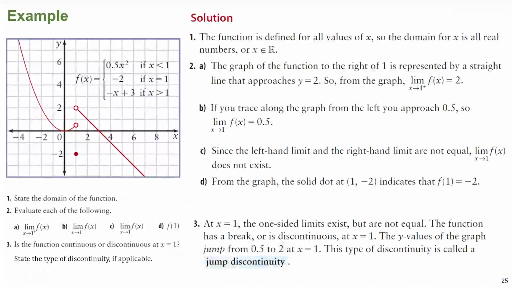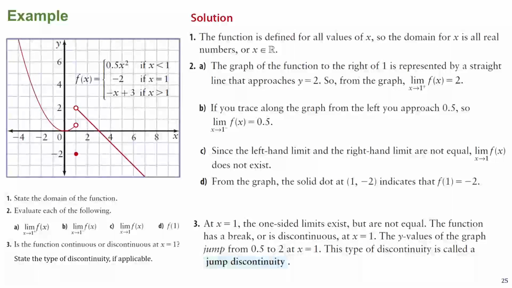So first, the domain of this function is the whole real number set, right? And second, we can easily evaluate its left limit at x equals 1 and the right limit at x equals 1. Apparently they are not equal. So we do not have a limit when x approaches 1. But the graph tells us that f(1) equals -2, right?